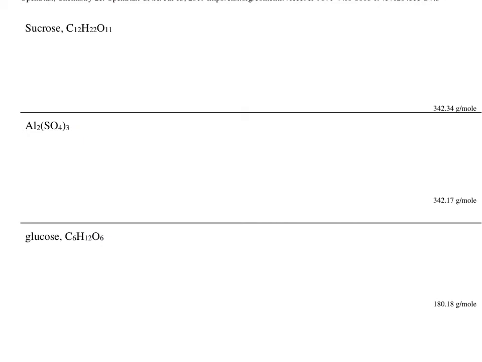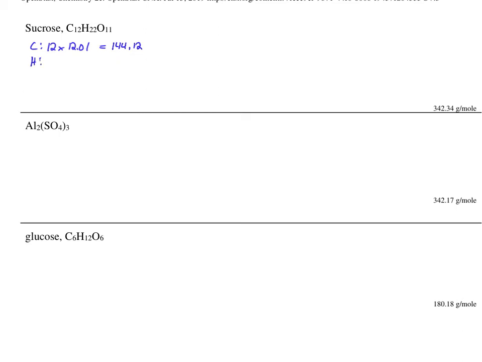Formula weight of sucrose is determined by adding up the atomic weight of each atom. We see that there are 12 carbon atoms, each weighing 12.01. Again, we get the 12.01 from the periodic table, and the 12 comes from the subscript because that's how many carbon atoms there are in this unit. All right, so this value is 144.12.